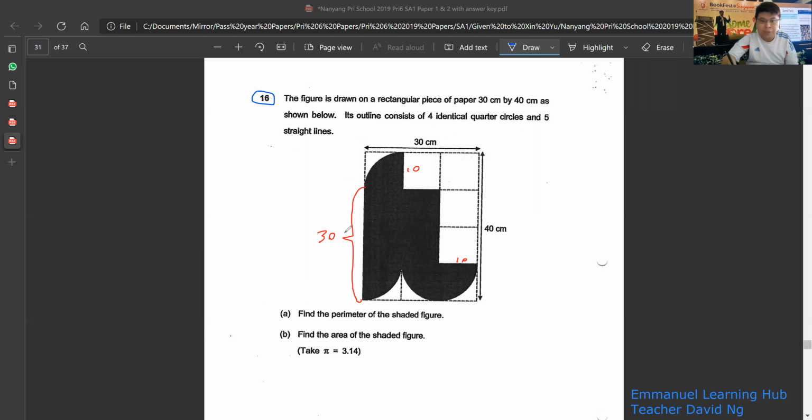Because you are interested in perimeter, right? So I would just focus on the perimeter. Okay, do you notice, right? I have 1/4 circle, 1/4 circle, and half a circle. You notice that? Yes. So that's actually equal to how many circles?